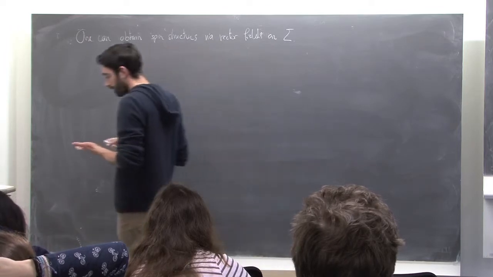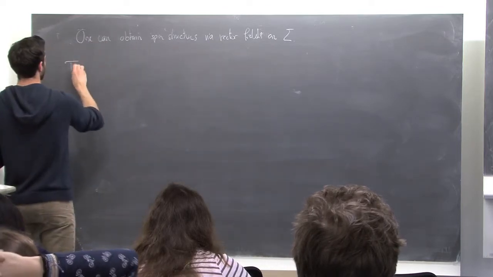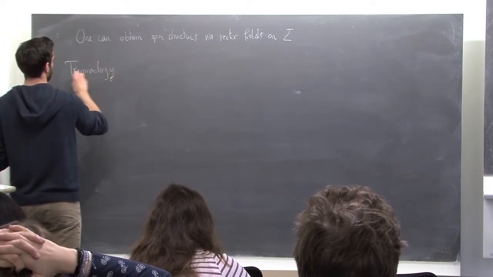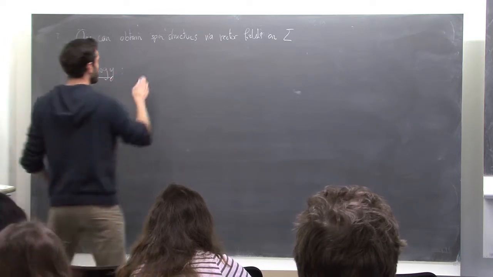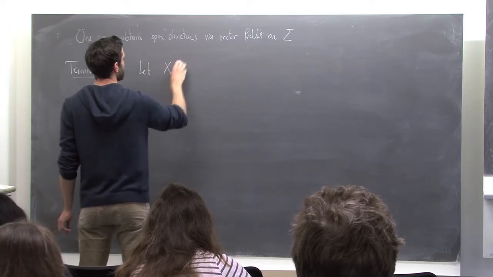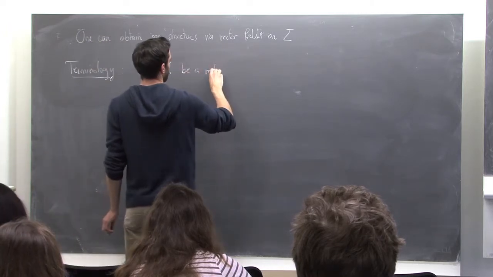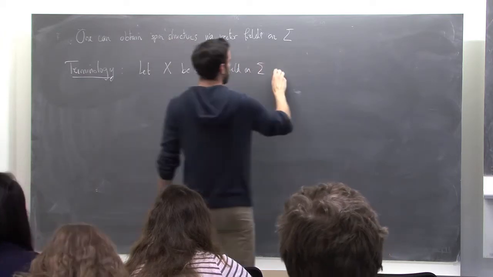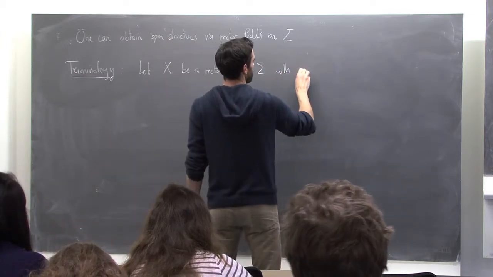How? Not any vector field, so let me give a terminology. Let X be a vector field on sigma with isolated zeros.